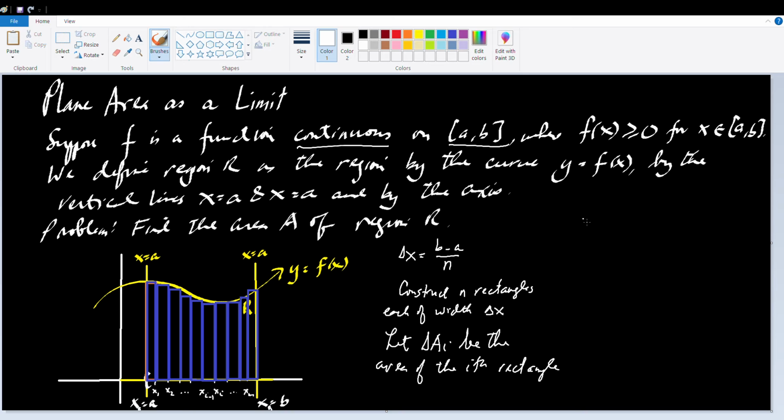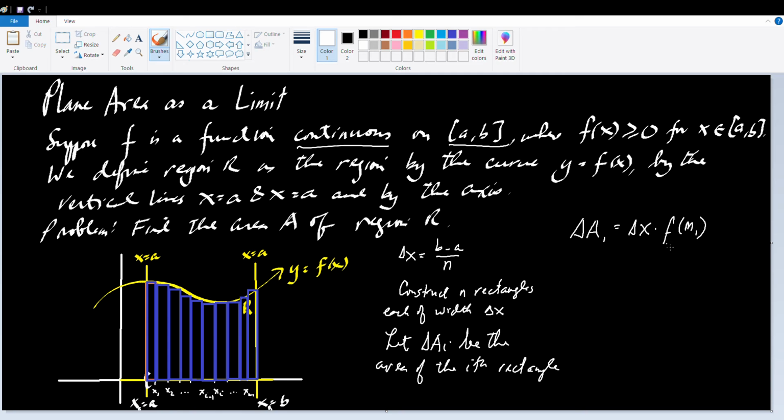The area of the first rectangle, delta A sub 1, will be equal to the width, which is delta x, multiplied by the height, which is f of m sub 1.